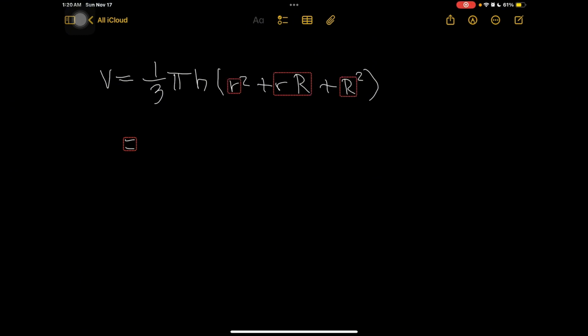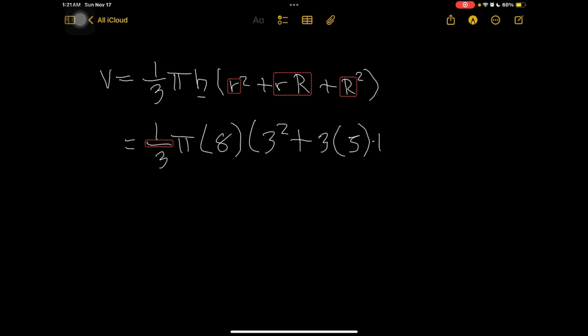So first we copy the 1/3 pi, and our height is 8 meter, multiplied by top radius, which is 3 meter squared, plus our top radius, which is 3, and our bottom radius, which is 5 meter, plus our bottom radius, which is 5 squared.